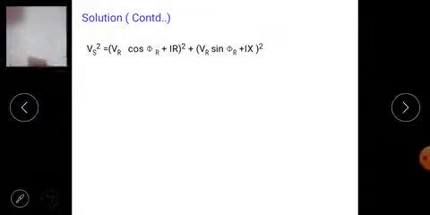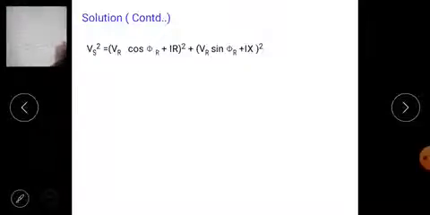We have to find the value of Vs. What is the value of VR? 1100 into cos phi r is 0.9 plus I is 4040 and R is 0.018, whole square, plus VR 1100 into sin phi r is 0.4352 plus I is 4040 into what is XL?